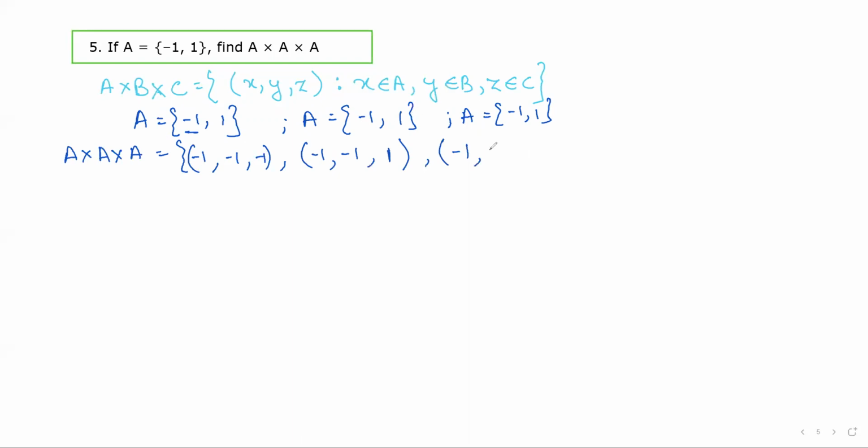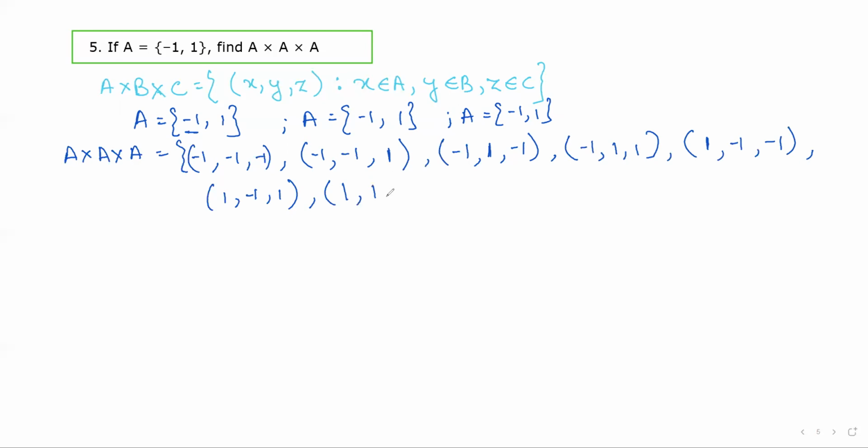Now consider the second element of A, and with that consider both the elements of A here. -1, 1, 1. Now second element from the first, 1, first element -1, first element, 1, -1, 1, second, first, second, second, second, and then first and second of those.